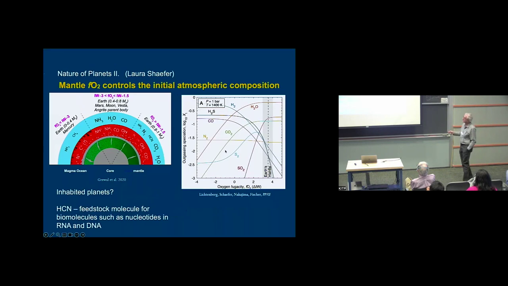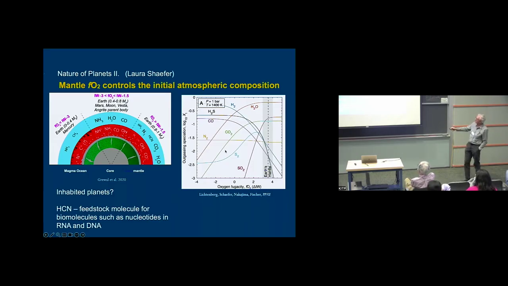The composition of the atmosphere is all important because that's the only thing we can really reliably try to observe. So in this coupling between the structure of the planet and the atmosphere, things are controlled by the oxygen fugacity, as we learned. If you turn up the oxygen, you'll have oxygenated species, and you'll make the species that are reduced, such as methane, disappear.